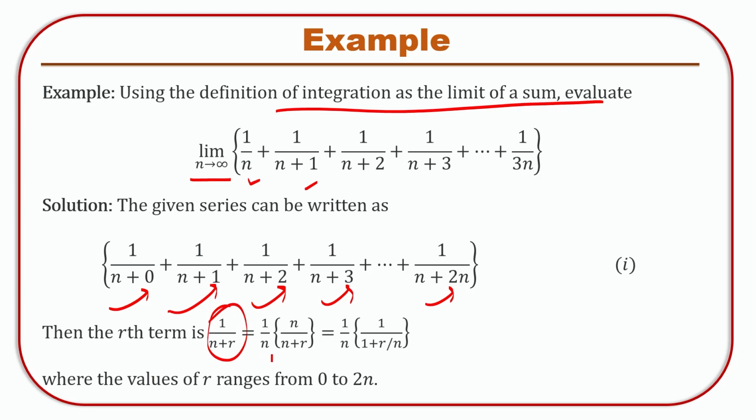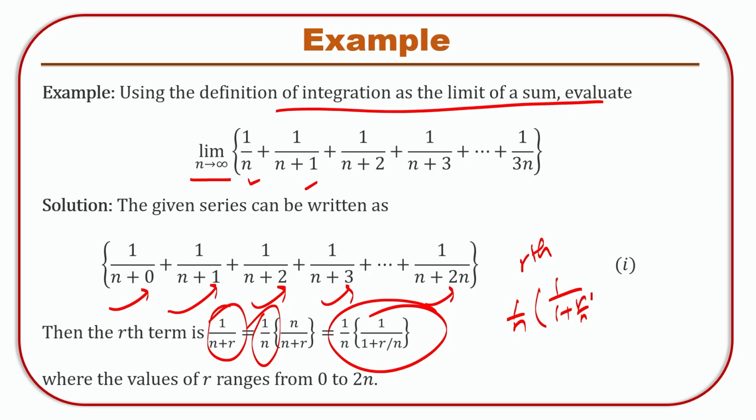1 by n plus r can be written with 1 by n as common, because I need 1 by n, which gives me dx. So the rth term of this series converts into 1 by n times 1 by (1 plus r by n), right?